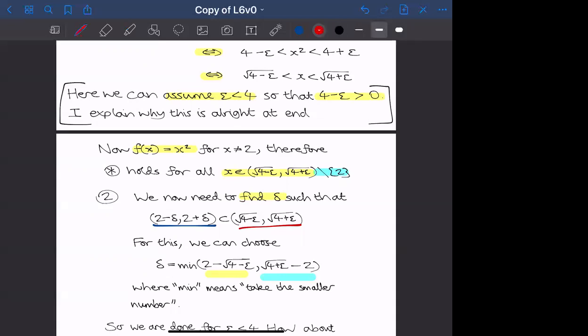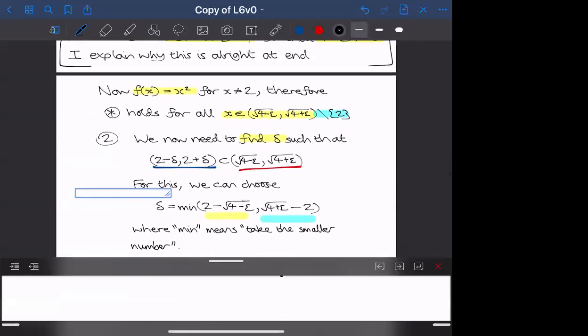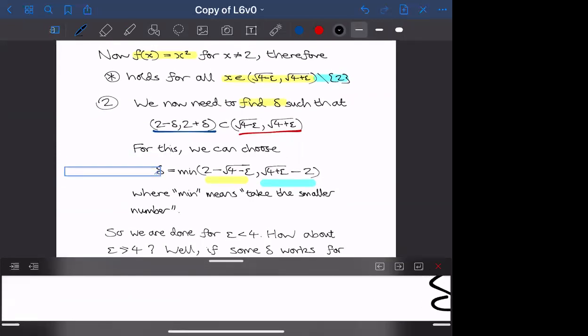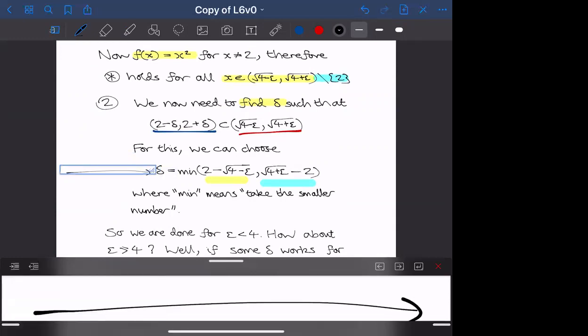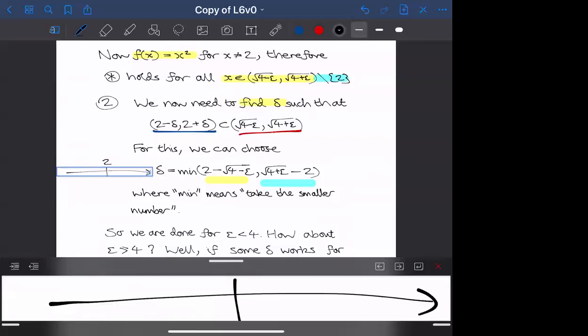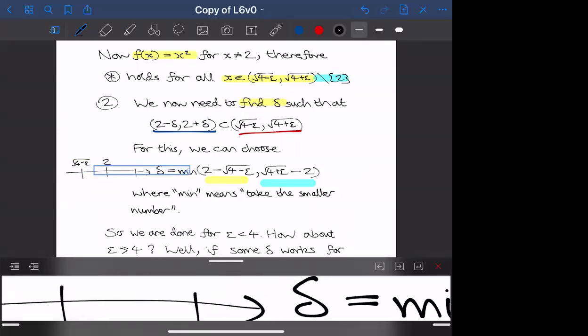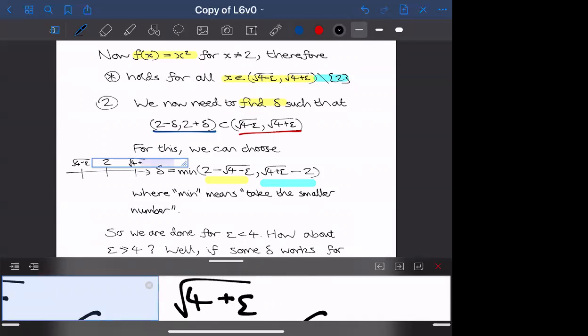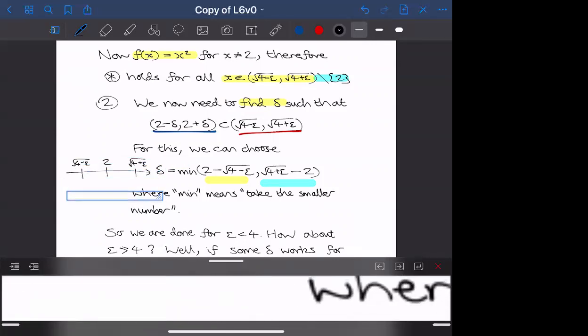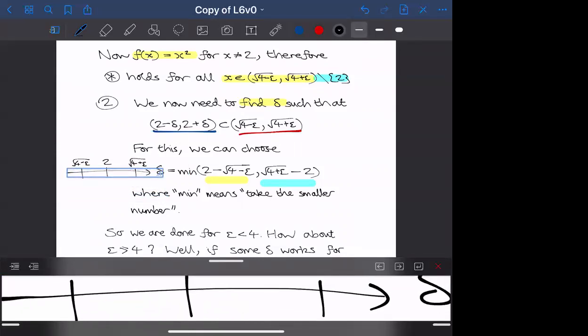So if you draw a picture, you'll see, if this is 2, and this is square root of 4 minus epsilon, and this is square root of 4 plus epsilon, then the two things in this min are these distances.